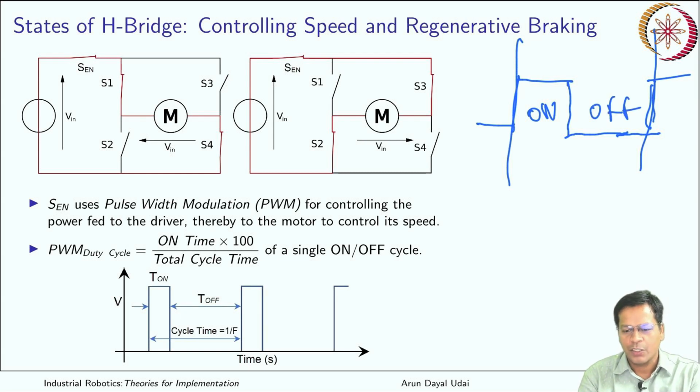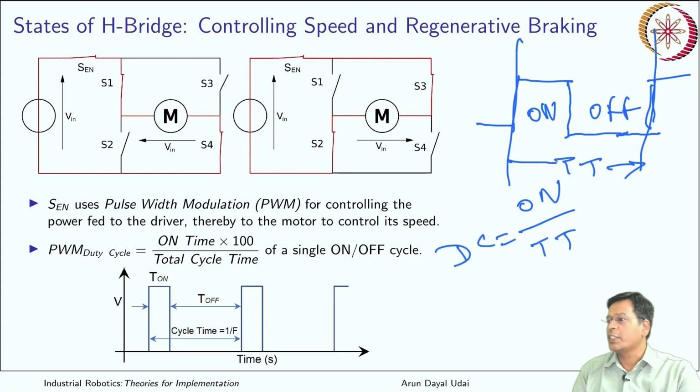So total on time by total time, that is the duty cycle of the PWM waveform. The duty cycle is on time by total time, and it is expressed as a percentage. So you just multiply it with 100, and that is the percentage duty cycle.